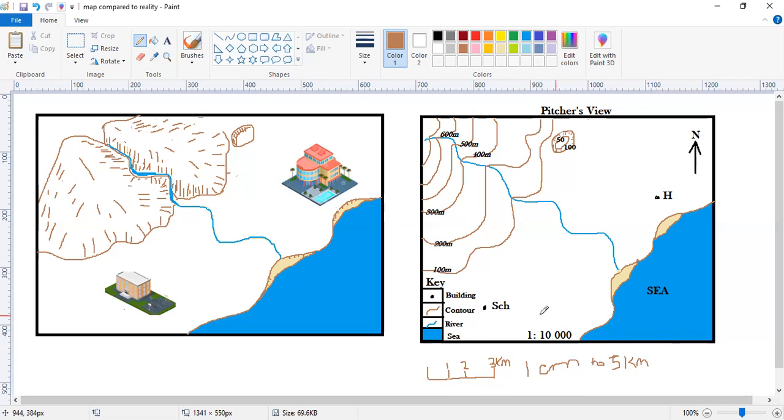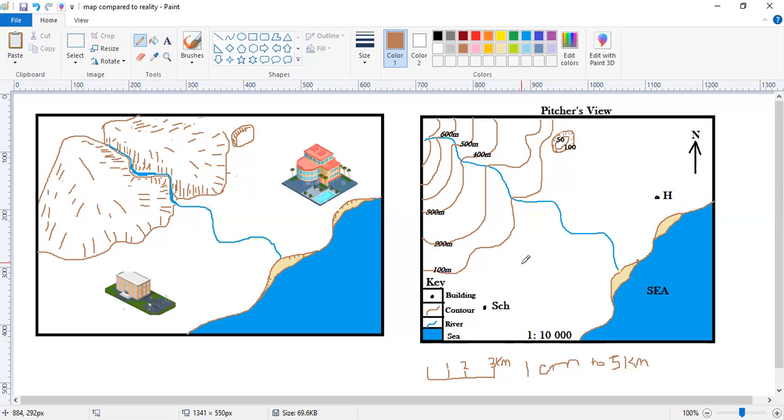So in terms of the ratio scale, the 1 is representing the map distance, the 10,000 is representing the ground distance. And as long as we have this scale, as long as we have this comparison, we know what measurement on the ground corresponds to a certain measurement on the map.